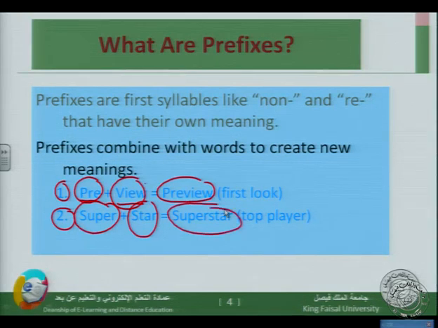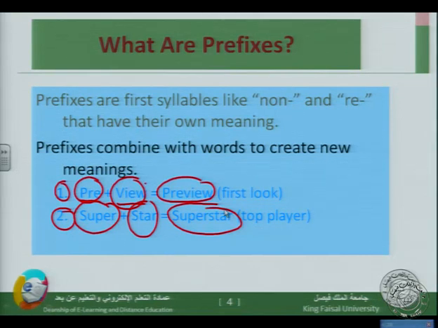So both together they create a new word with a new meaning. Superstar means top player. So as you can see, prefixes are a group of letters that we add at the beginning of a word, and by this we are creating new meanings and new words.